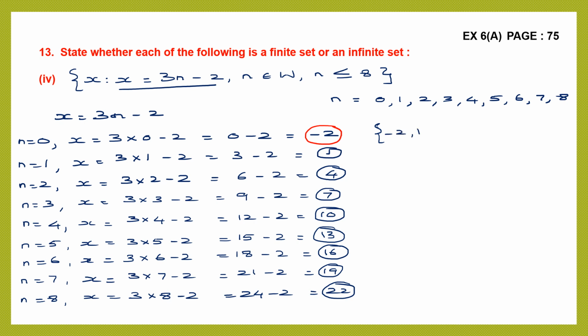Minus 2, 1, 4, 7, 10, 13, 16, 19 and 22. So these are all the elements that I've taken after calculating all this. As you can see, there are a limited number of elements. That means this set is a finite set. So the answer can be that this is a finite set.